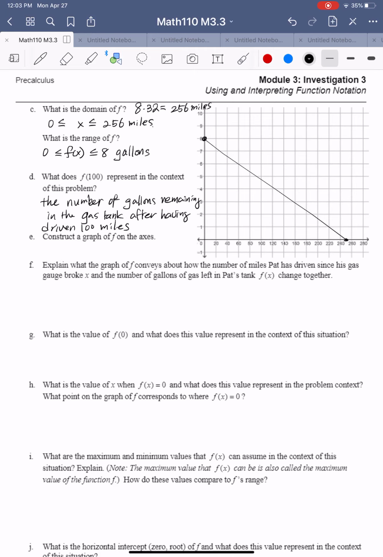All right, and then explain what the graph of f conveys about how the number of miles Pat has driven since his gas gauge broke, x, and the number of gallons of gas left in the tank, f of x, change together.